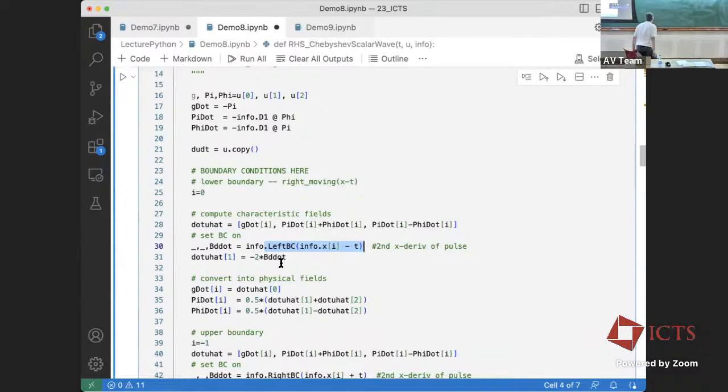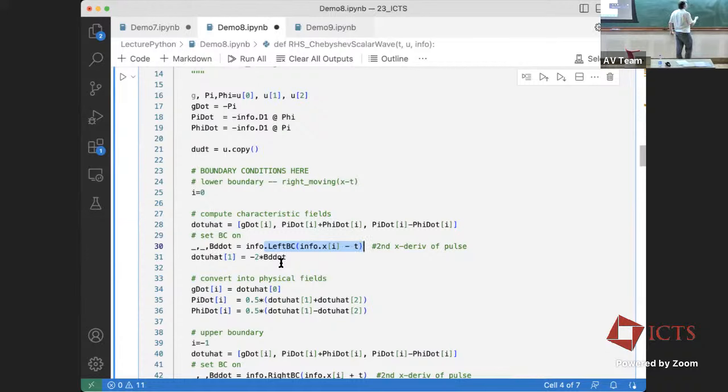The reason is actually not that complicated to understand. One of these characteristic fields is pi plus phi, and this turns out to be minus g dot plus gradient of g.